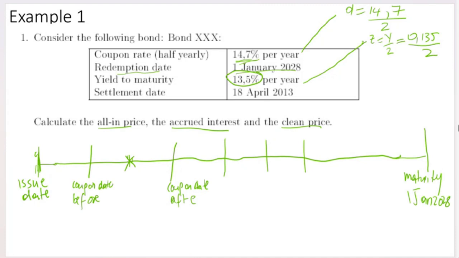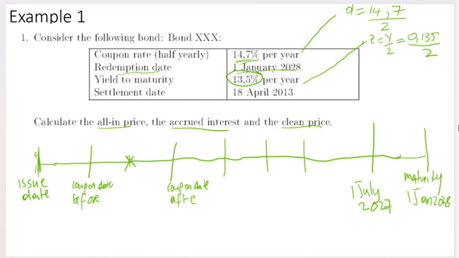Because this thing is paid semi-annually, you know there was a coupon that was paid 6 months before this one. 6 months before this one, that is 1st of July, there was a coupon payment of 2027.